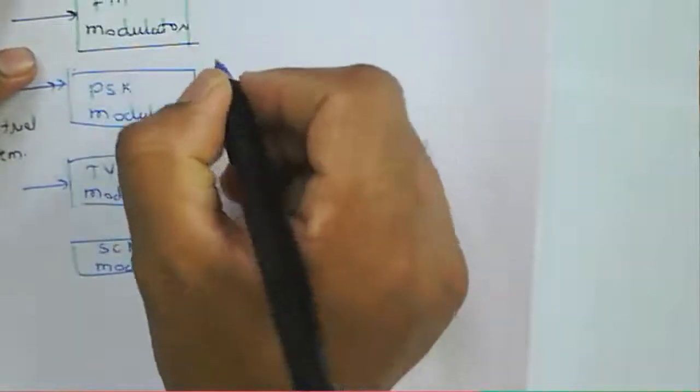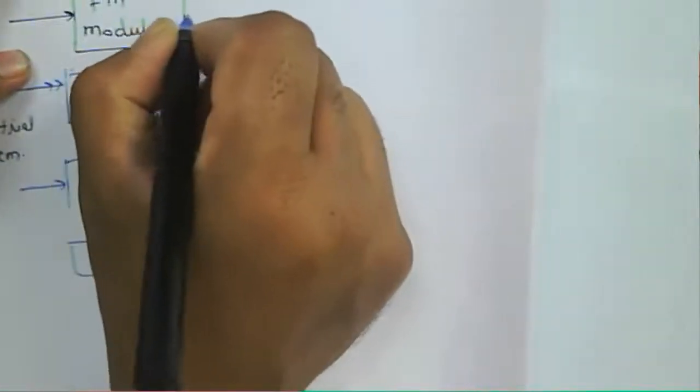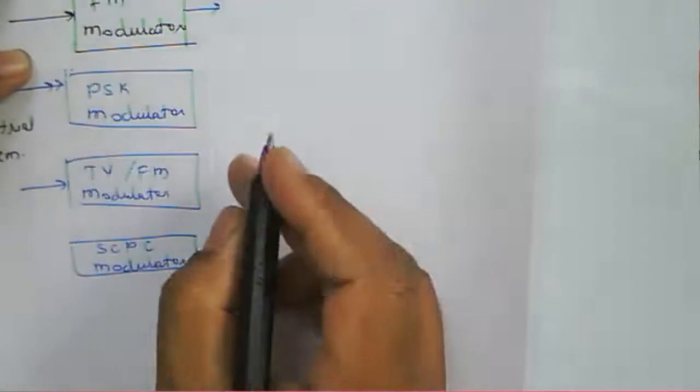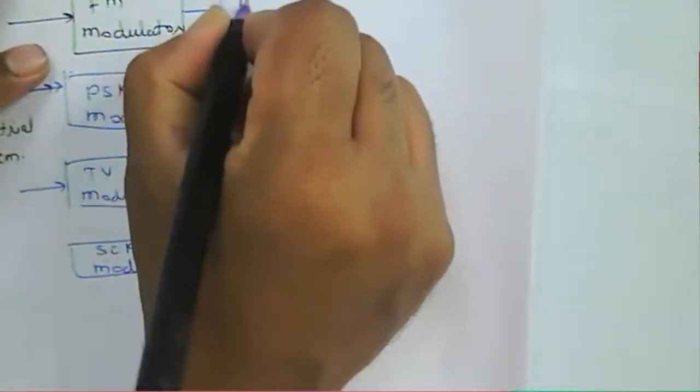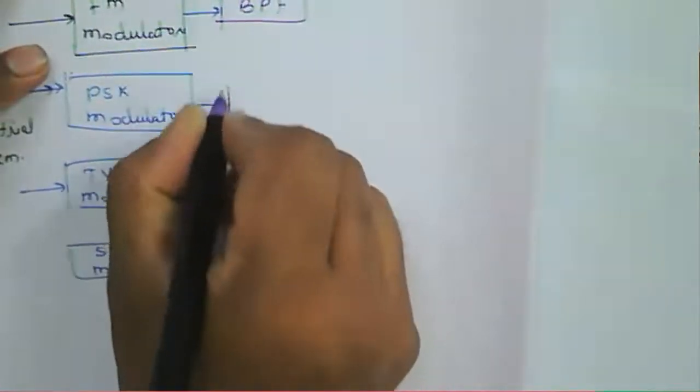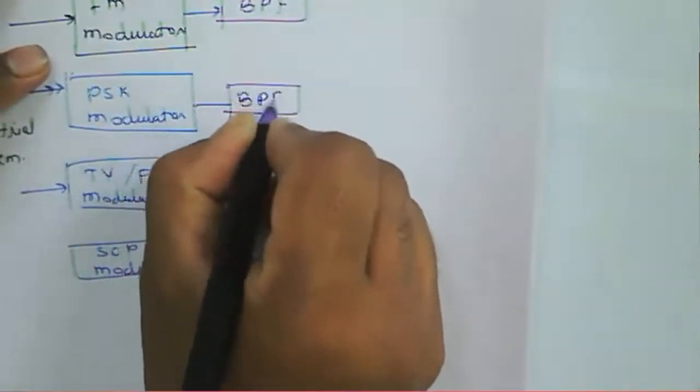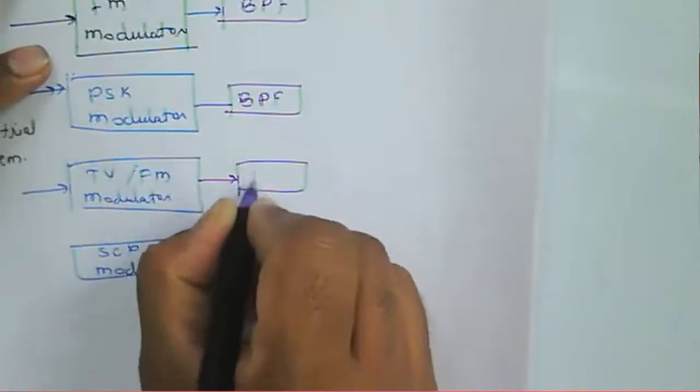Then for every input we use a band pass filter, because that band pass filter restricts the signal. So here is the band pass filter.